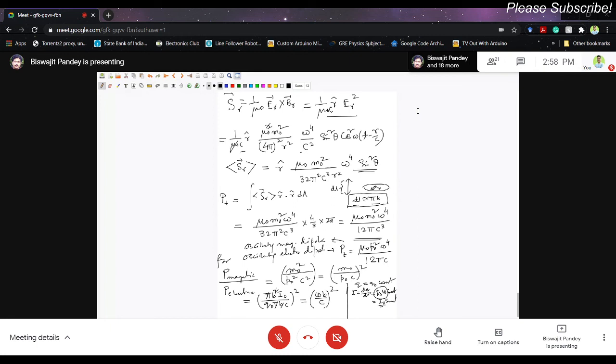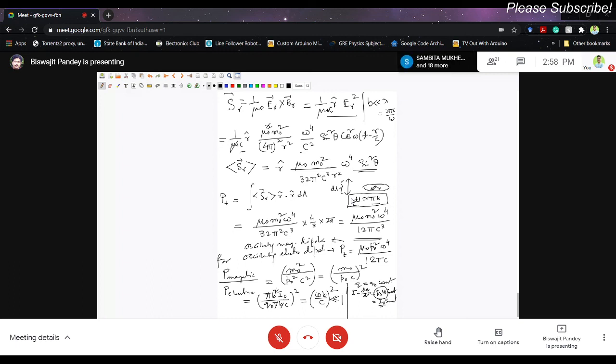Now you may remember what omega b by c is. I already told you in the beginning of the calculation, when we were simplifying different expressions, that b is much less than lambda, and lambda is 2 pi c by omega. So omega b by c is much less than 2 pi. It's a very small number, and if you take the square of that small number, of course we have a number which is much less than 1.